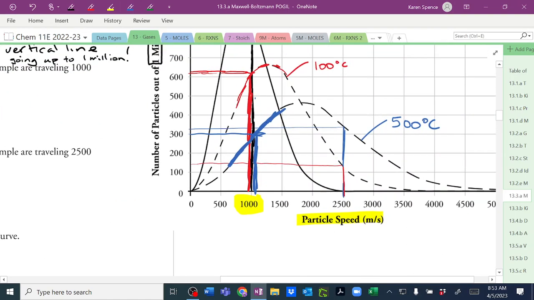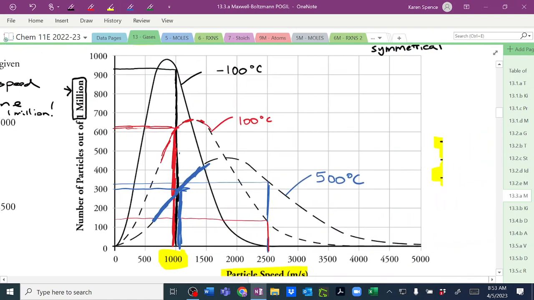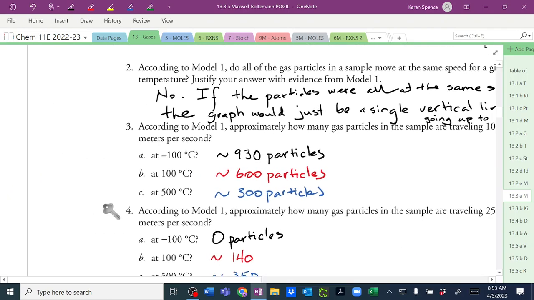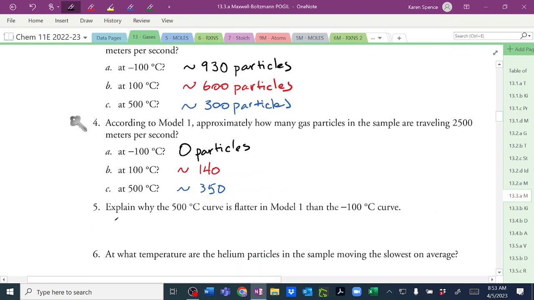But basically what it comes down to is that the area under the curve is equal to the total number of molecules. And in this case, that's equal to 1,000,000.